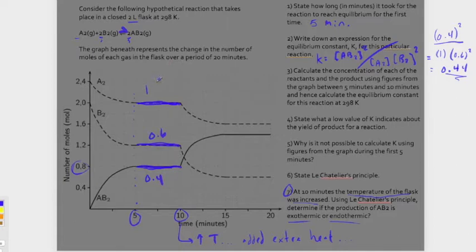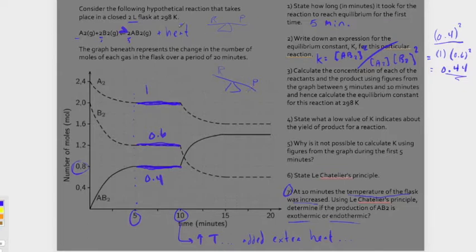Okay? So think about this. If heat was a product, that is exothermic. And if I increase the temperature, I add extra heat, that would be like adding extra product. That would be like, if this is my equilibrium with reactants here and products here, that would be like breaking that equilibrium to add extra product and weigh down that side of the scale.